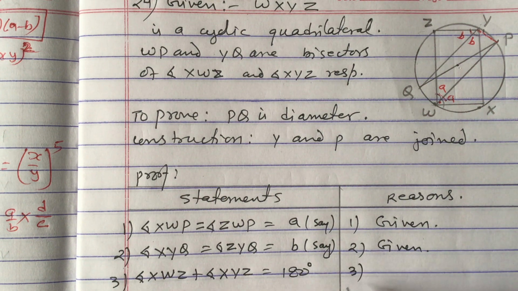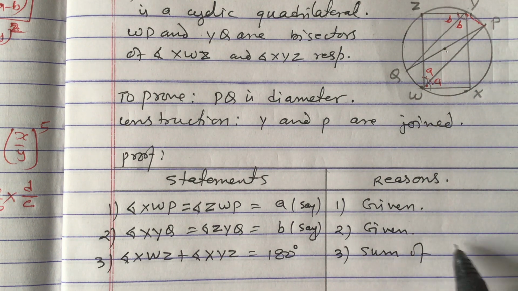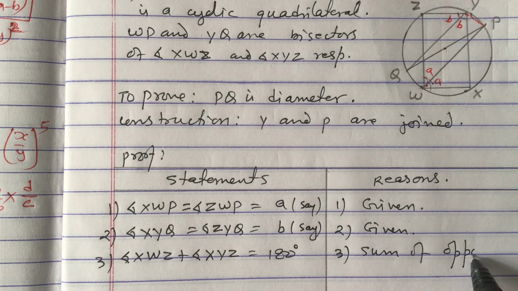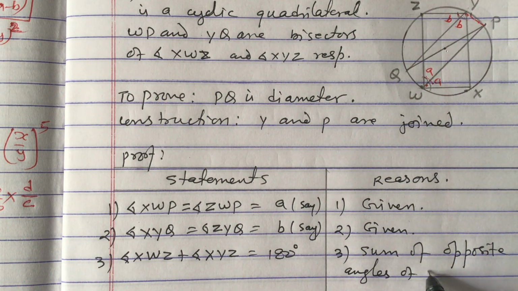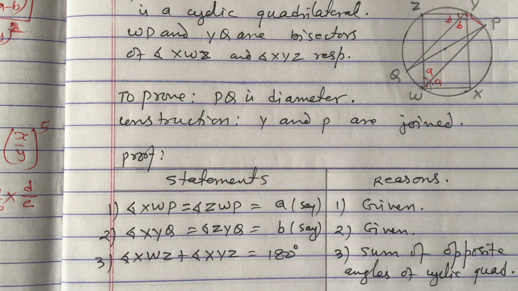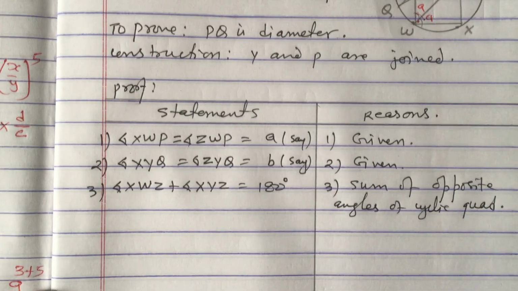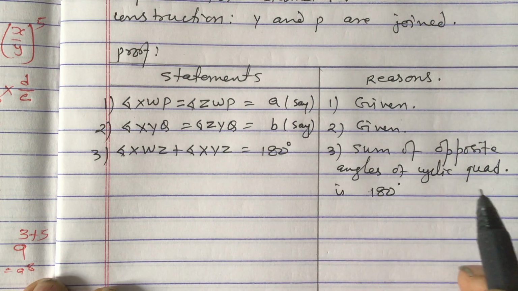So this number 3 reason is sum of opposite angles of cyclic quadrilateral, okay? Sum of opposite angles of cyclic quadrilateral is 180 degree.